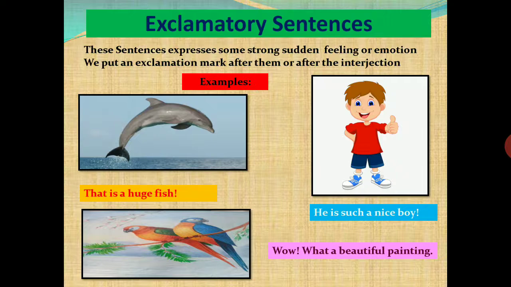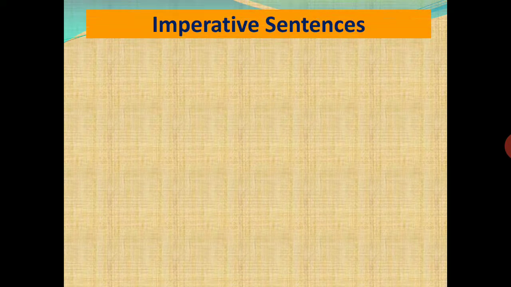Now, similarly, in all these three sentences, I have expressed my feeling and emotion, and I have used an exclamation mark to make it a complete sentence. This sentence can also be easily identified with the help of its punctuation mark, that is the exclamation mark.